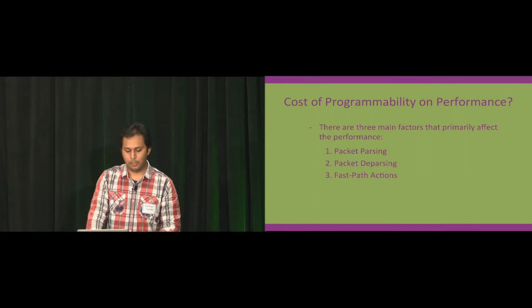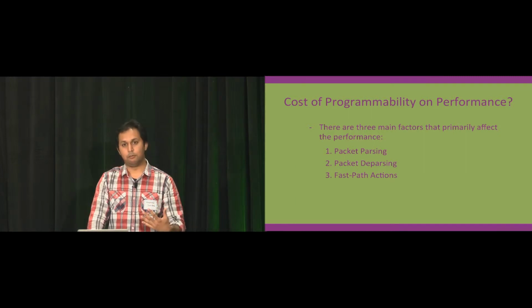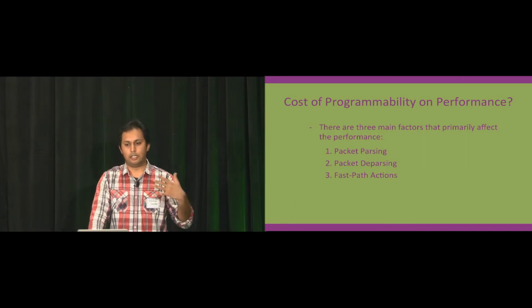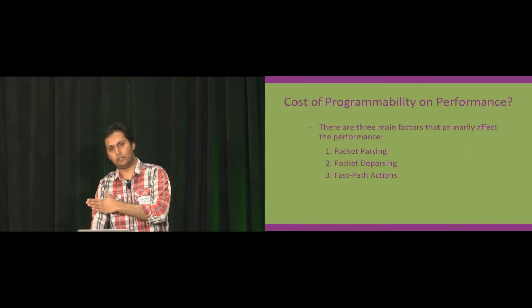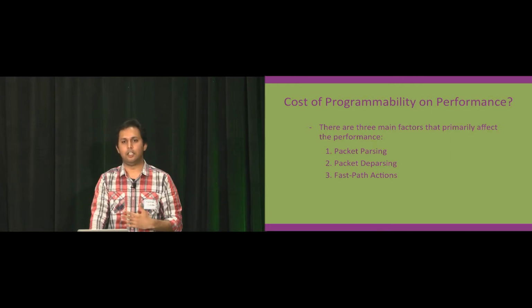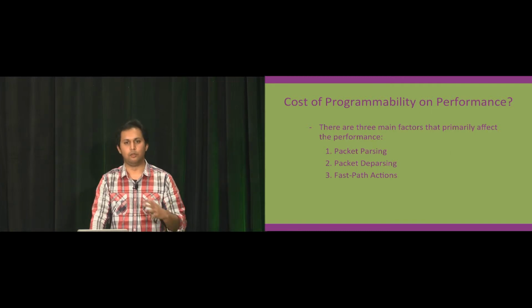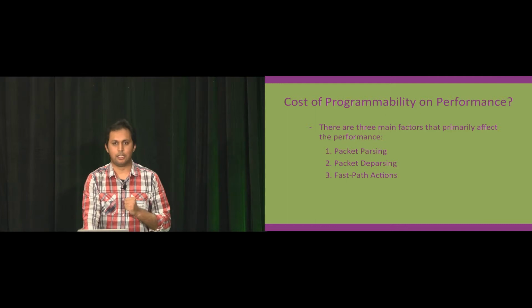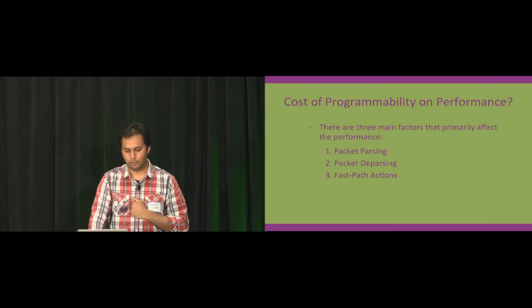And similarly, in P4, fast path actions become more complicated. It assumes this model that you verify checksum at the very beginning, and then you do updates for the checksum at the very end. So instead of doing incremental checksum, you are doing a full-blown IP checksum or other kinds of hash actions at these two ends of the pipeline.